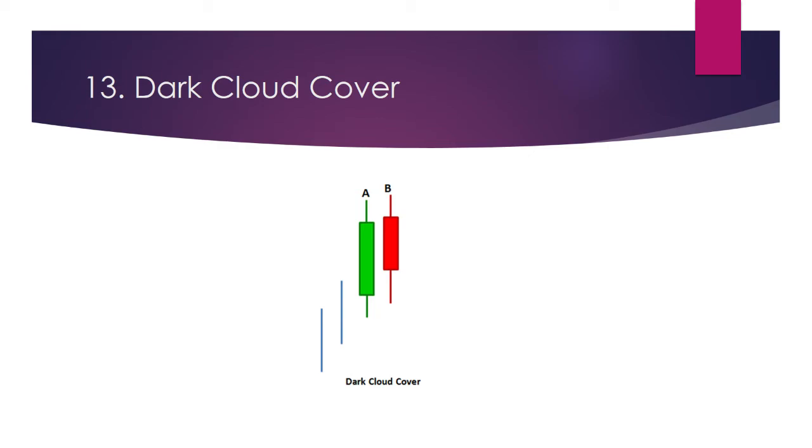Taking off, going down. All right. It consists of two candles, A and B, where candle A is a bullish candle, as we clearly see right here. All right. And candle B, which is the bearish candle, which we see right here.